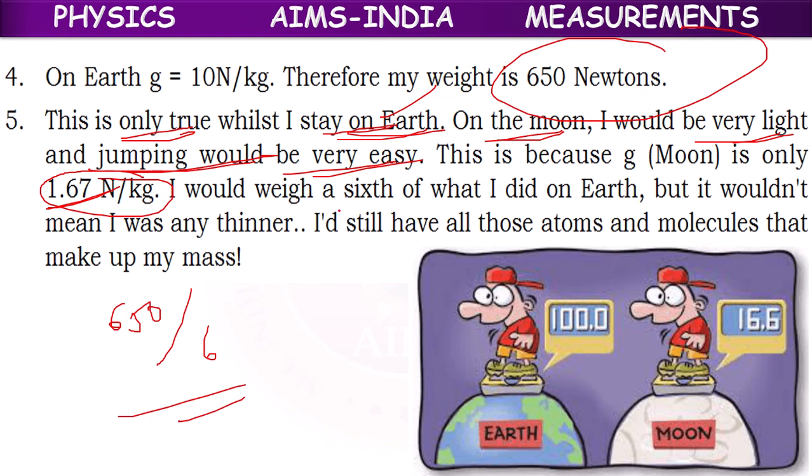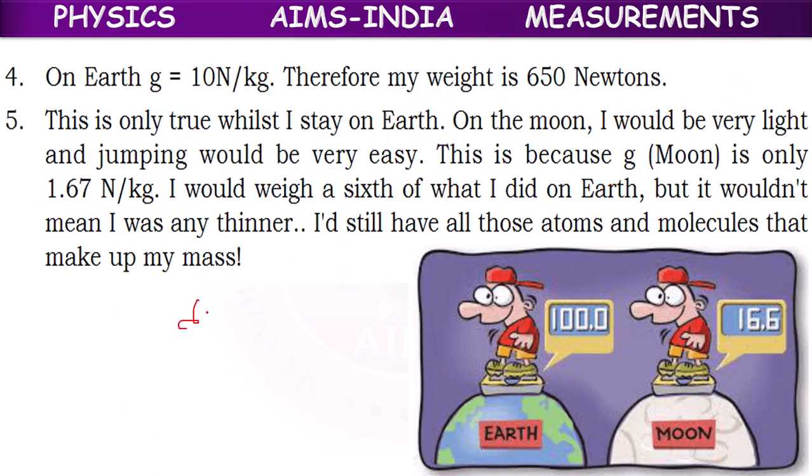So we have to multiply 65 into 1.67. What is the approximate answer, children? Approximately 108 newtons will come on the moon.